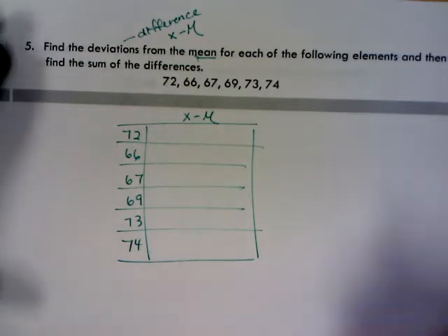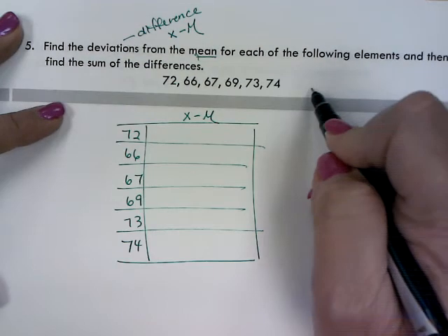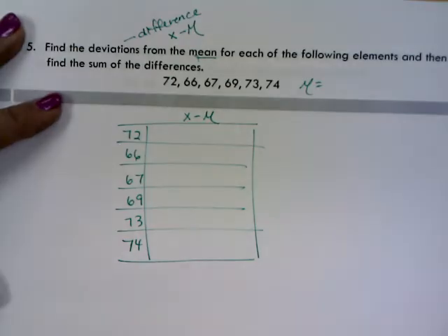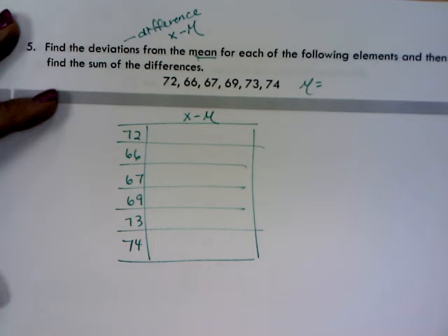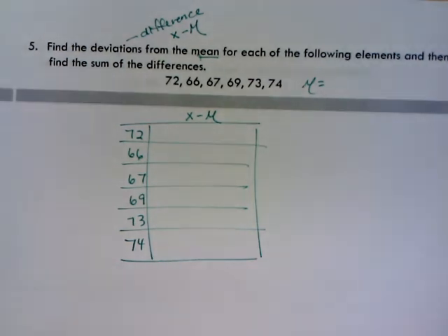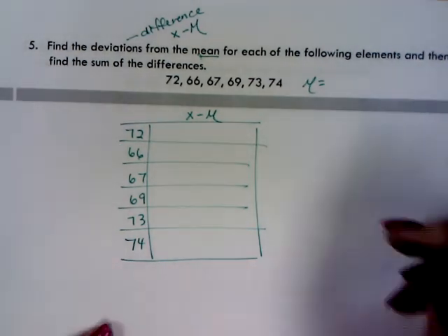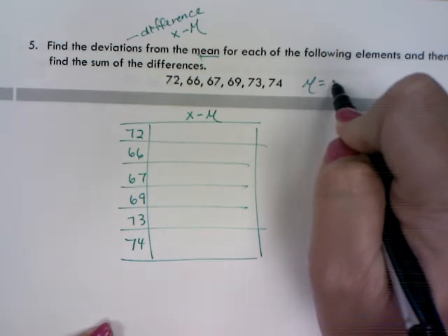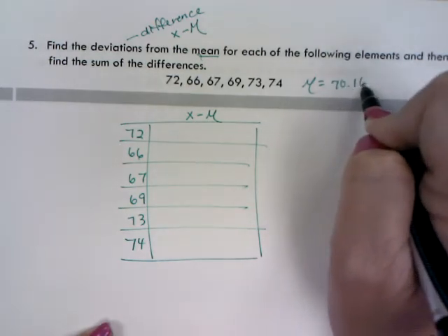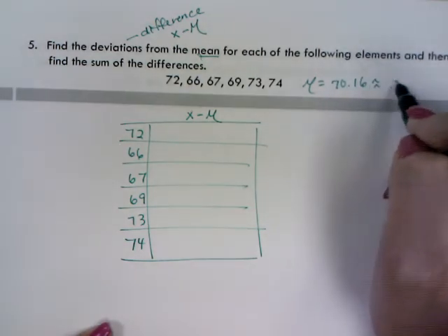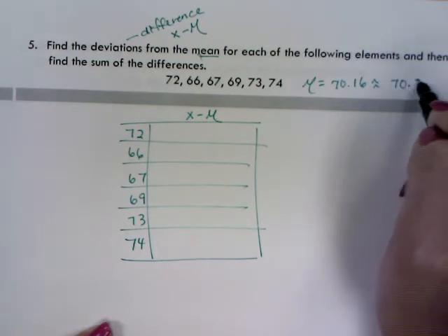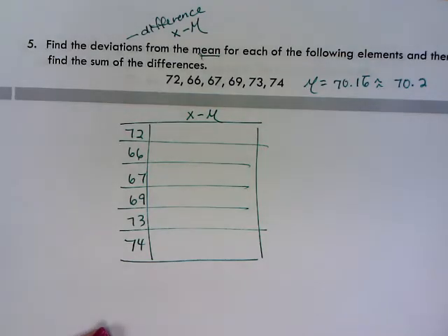That's the deviation. So the first thing I'm going to have to do is find the mean. So what's the mean of my set of numbers? Correct. It is 70.16, but I'm going to go ahead and round it to 70.2. It's 1/6 repeating, I believe. 70.2 because we're doing a lot of subtractions.